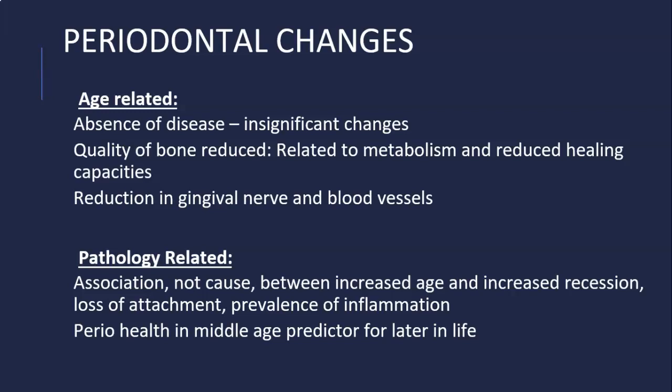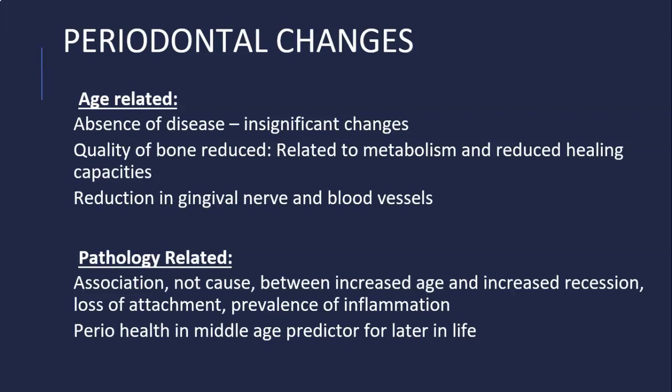But if we're talking about a healthy older individual, you're not going to see massive periodontal changes, which I just think is really interesting. Pathology related, so if they're in the presence of disease, it's an association but not a cause between the increased age and increased recession, loss of attachment, prevalence of inflammation.